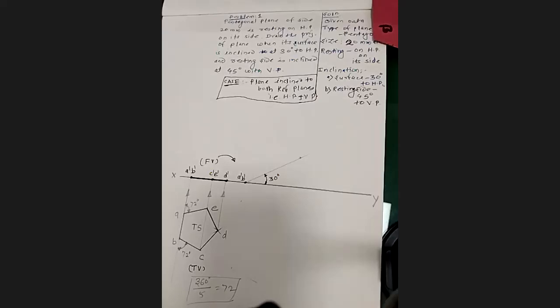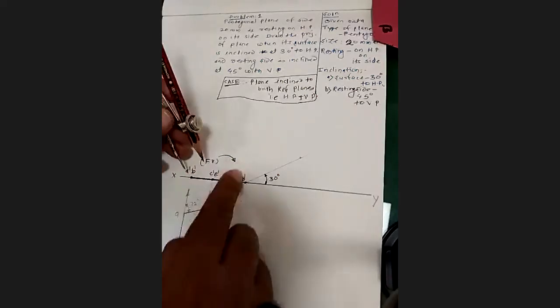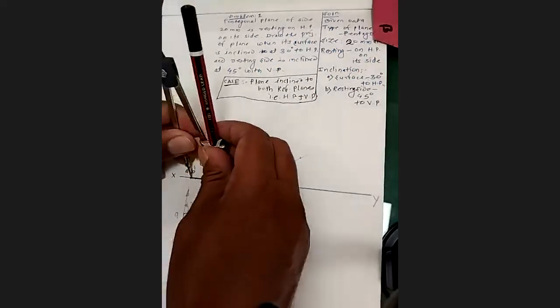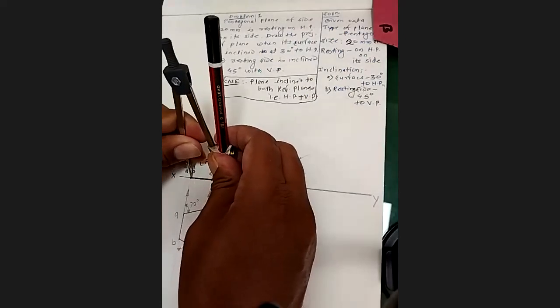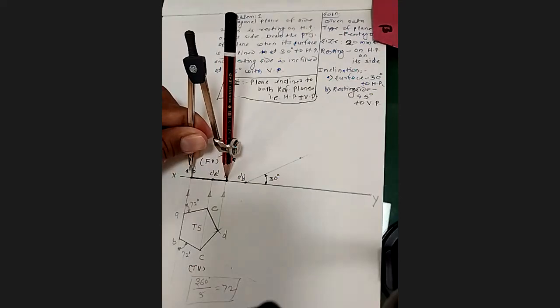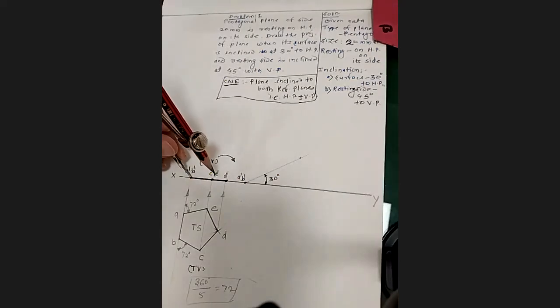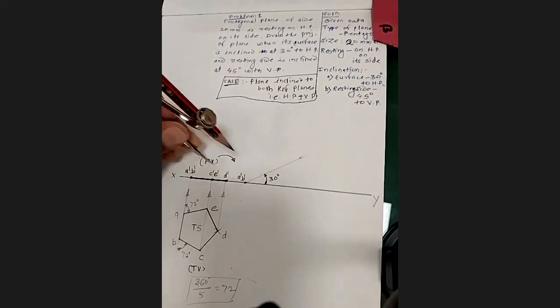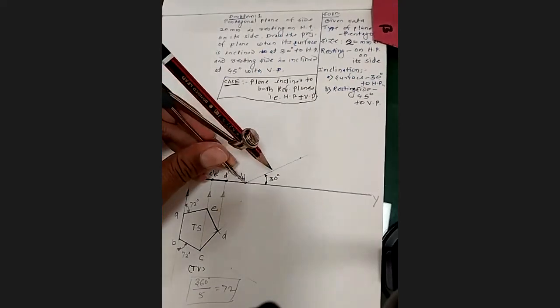Then what we'll do here, as shown with the compass, arrow: we are going to copy this length of your front view. Take this length in the compass. Keep one end at A dash B dash, the distance to this D dash. So A dash and D dash will of course be on the XY line.